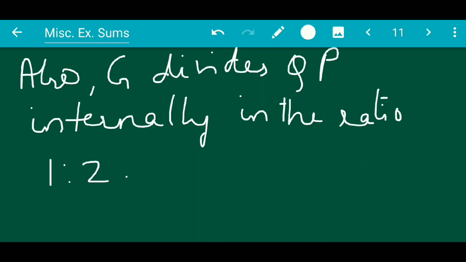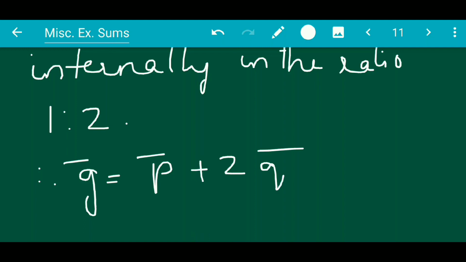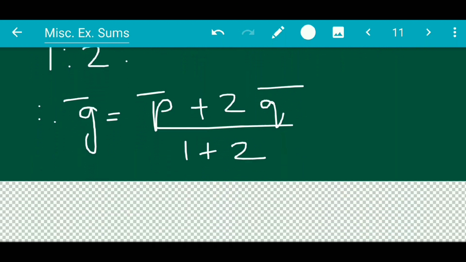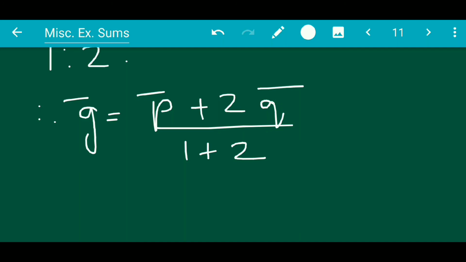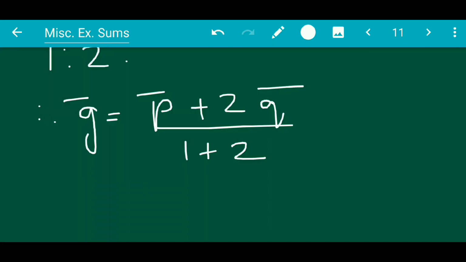Having stated this, we can say just like the previous sum that G bar is equal to (1 P bar plus 2 Q bar) upon 1 plus 2, this way. Now, we have to prove that QP bar is equal to 3 QG bar, from the question given. So let us take the RHS over here.